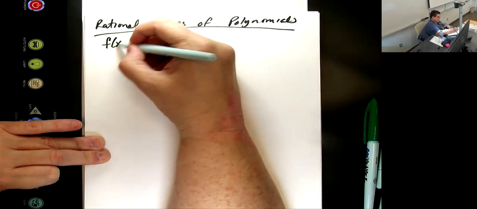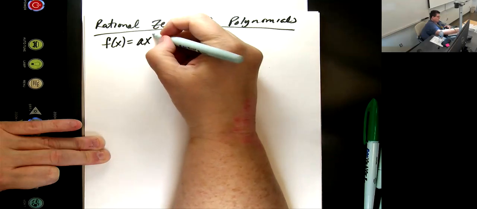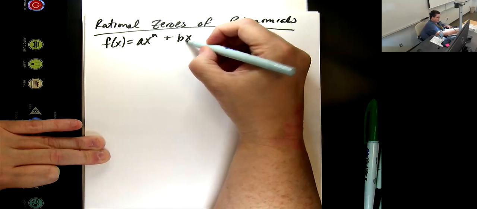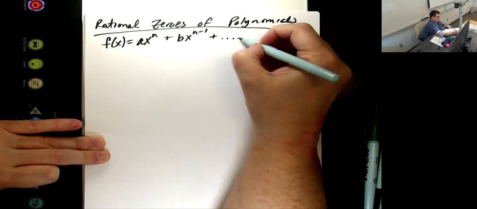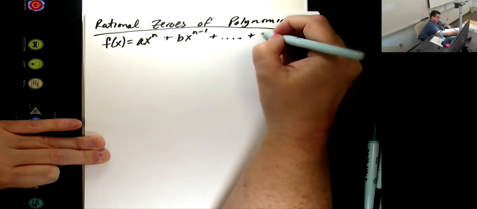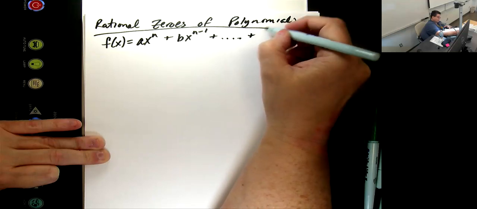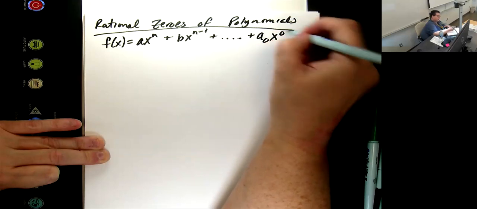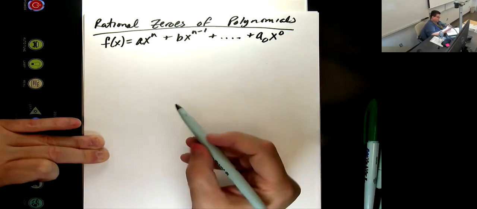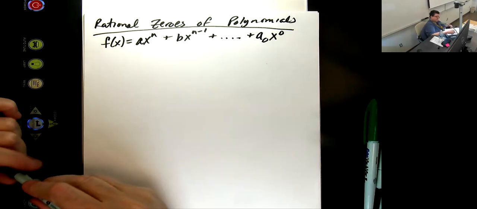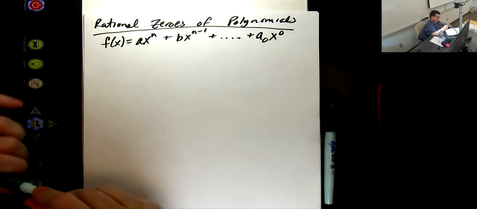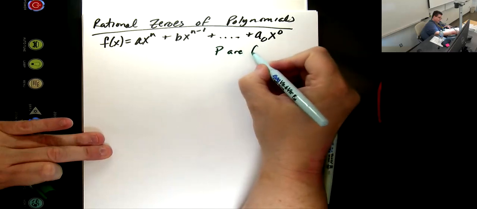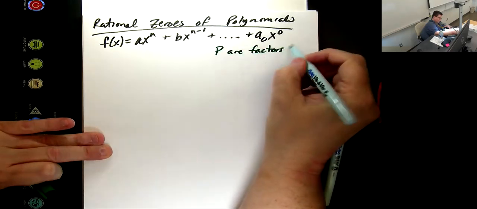So if we have f of x equals a x to the n, where n is the biggest term, plus b x to the n minus 1, plus dot dot dot, plus, I don't know, they usually go a0, x to the 0 here. P are factors of the constant.